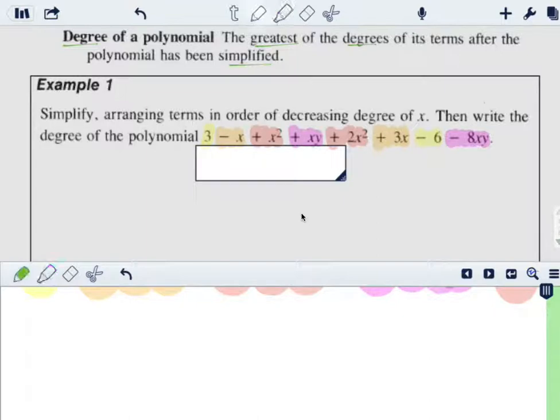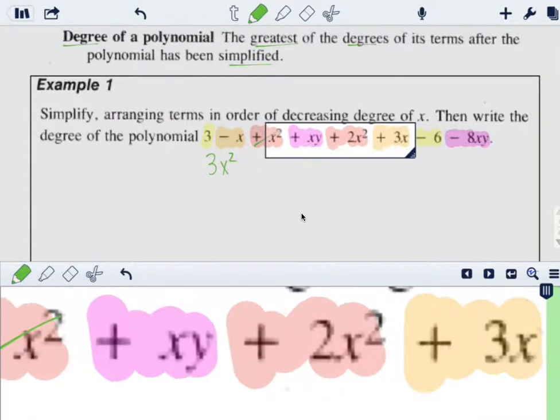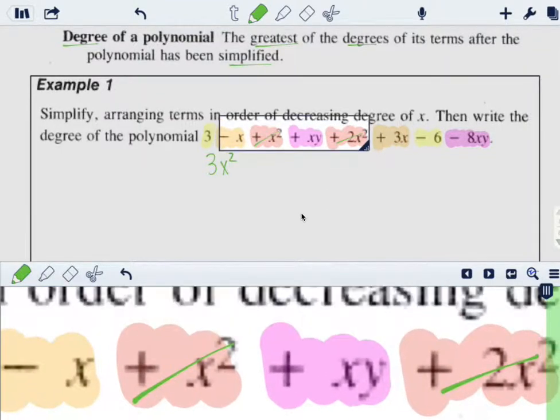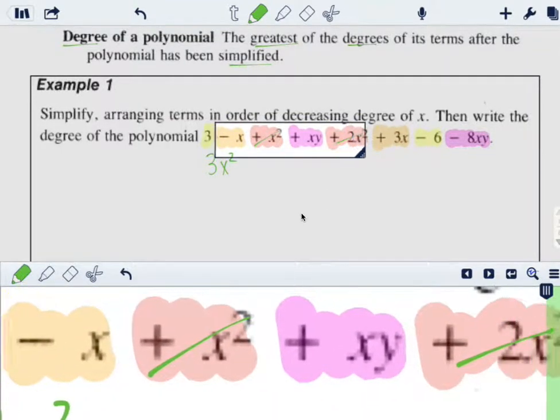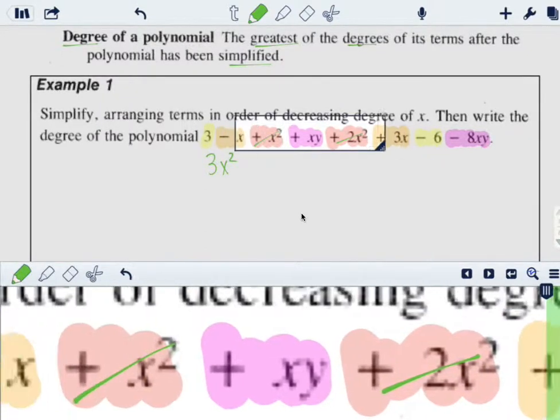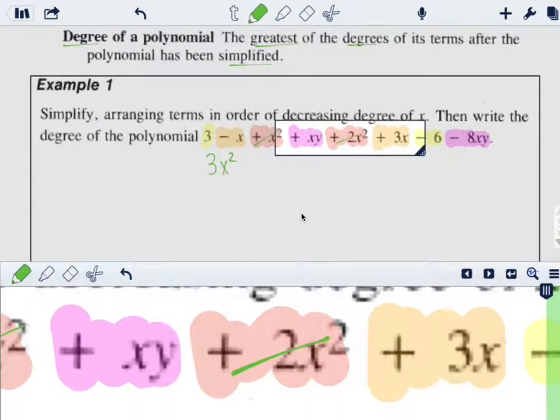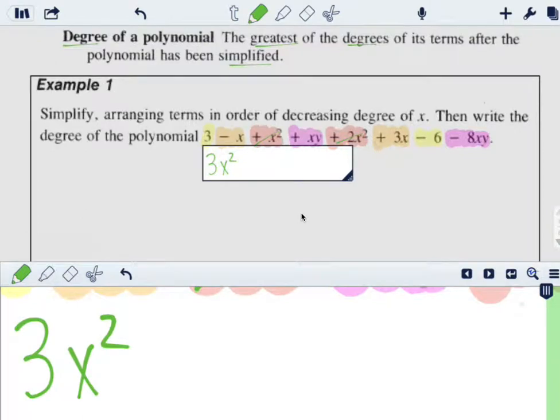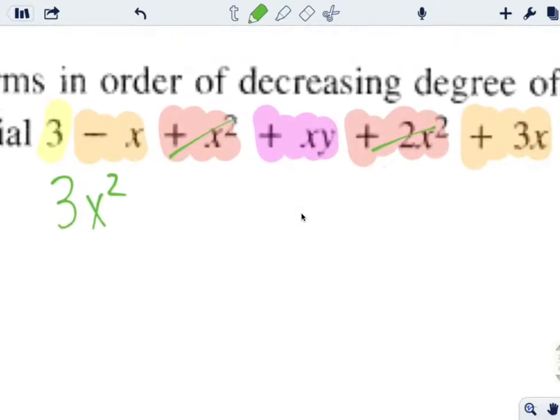So if I combine my like terms, the highest degree of x is x squared. So x squared and 2x squared is 3x squared. Okay, that takes care of that and that. The next highest degree, I'm just going to go with the x's. Negative x and positive 3x gives me positive 2x.